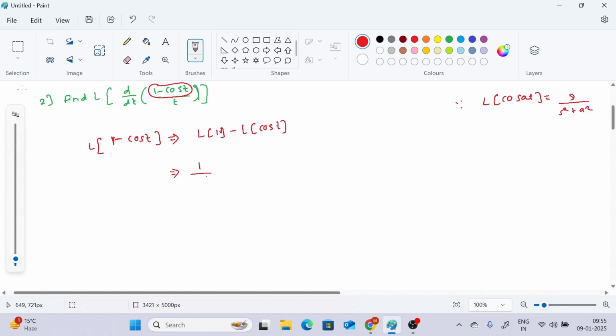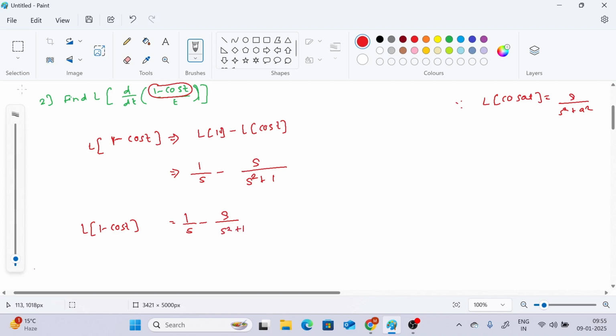Laplace of 1 will be 1 upon s. So I have received the value for 1 minus cos t as 1 upon s minus s upon s square plus 1, right?